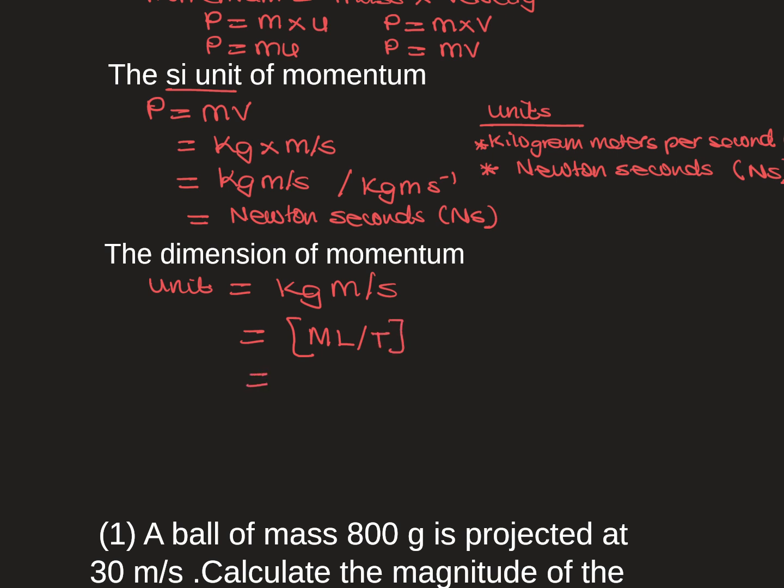So if we want to represent this as a dimension, it will be M L T to the negative 1. Okay, that is the dimension of momentum. M for kilogram, L, which is the length, is the meters, and T, which is time, for the seconds. So the unit of momentum is kilogram meters per second or Newton seconds, but the dimension is M L T to the negative 1. All right.